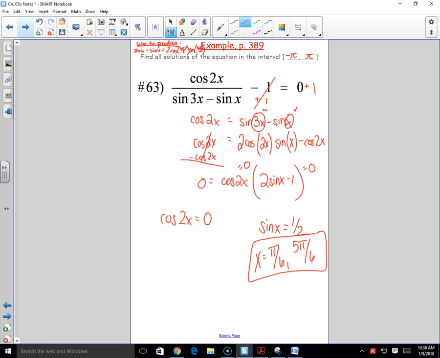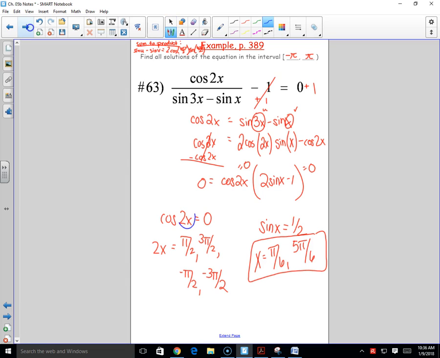When will cosine be 0, though? Starts at 0, cosine's 1, pi over 2. And 3 pi over 2. And negative pi over 2. Why am I doing these ones that are outside of our range? Why am I looking for 4 going positive too far and negative too far?